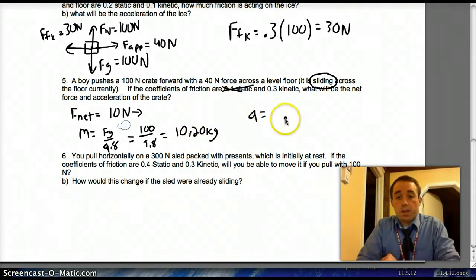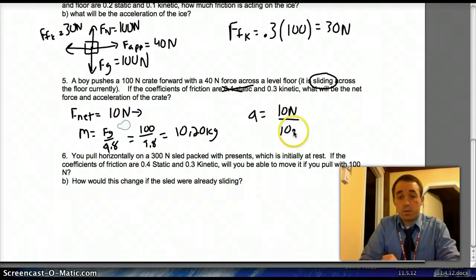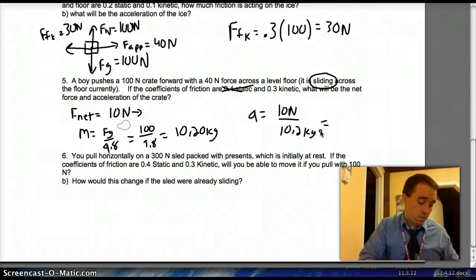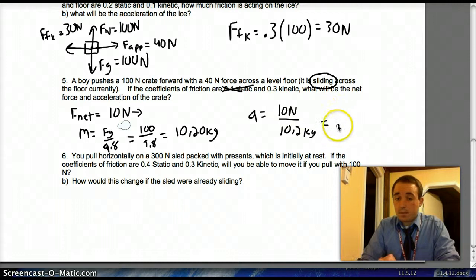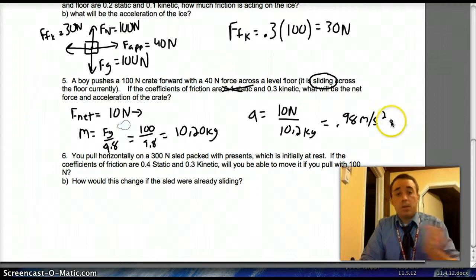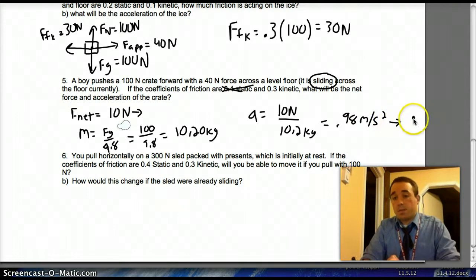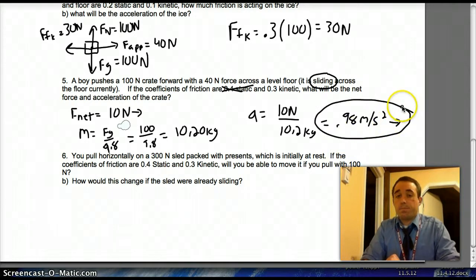All I have to do to find the acceleration is do 10 newtons, my net force, over mass, 10.2 kilograms. And I'm going to get 10 over 10.2, which is 0.98. That's going to be meters per second squared. Net force is to the right, means my acceleration is to the right. There you go.